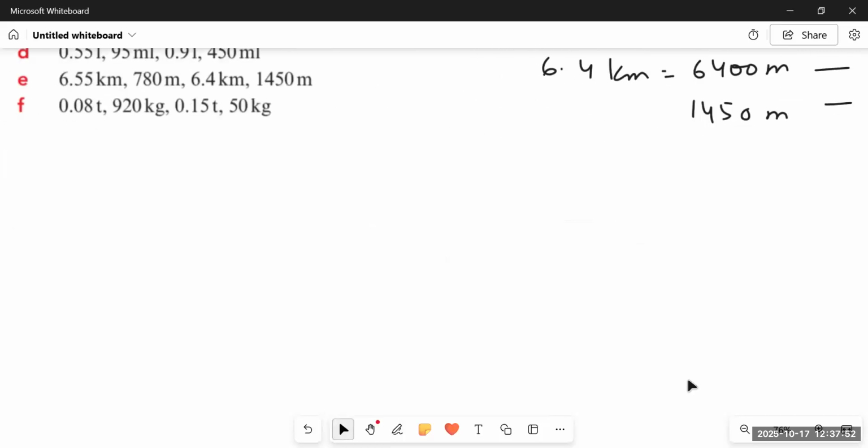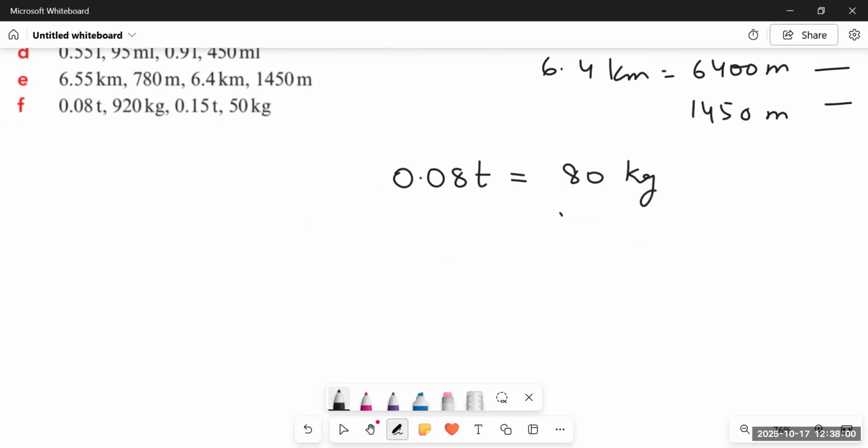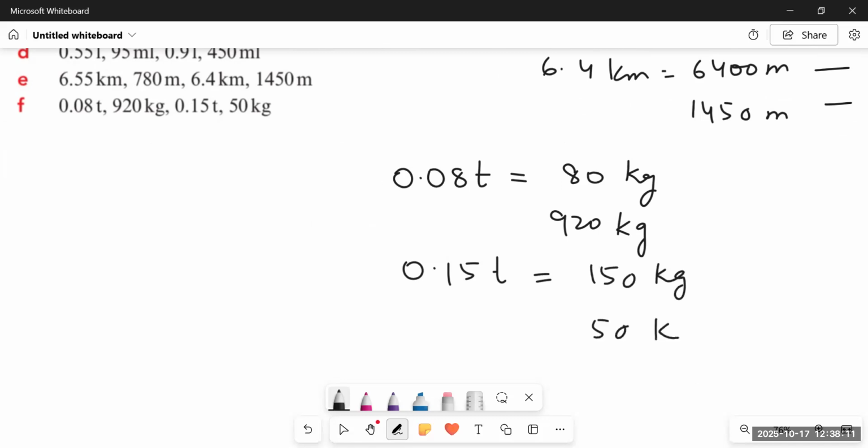And last of all, 0.08 tons is 80 kilograms. Next we have 920 kilograms. Then 0.15 tons equals 150 kilograms and then 50 kilograms. So 50 is the smallest, then comes 80, then comes 150, and the last one is 920 kgs.